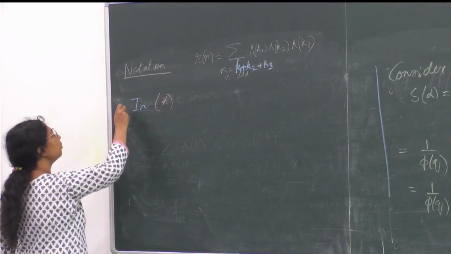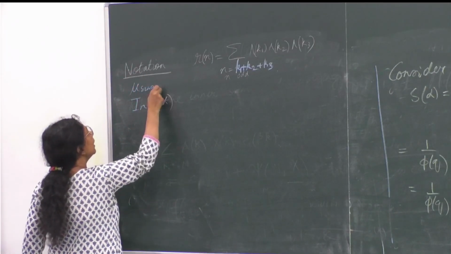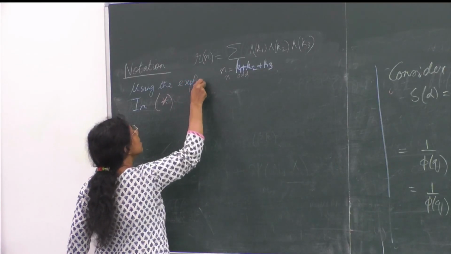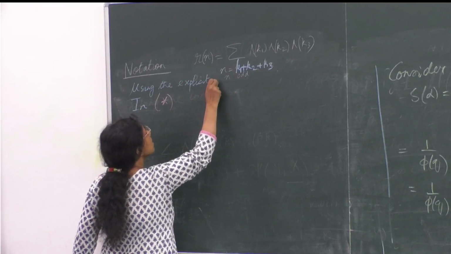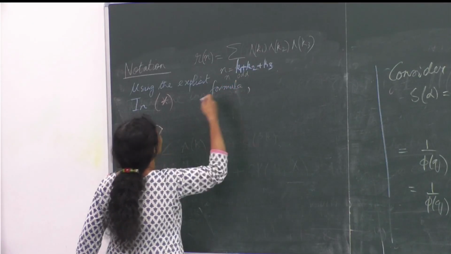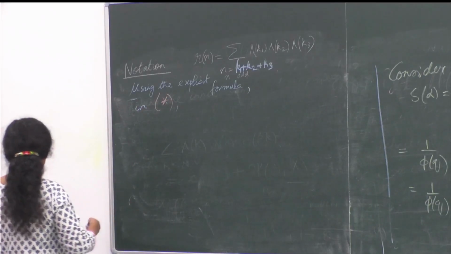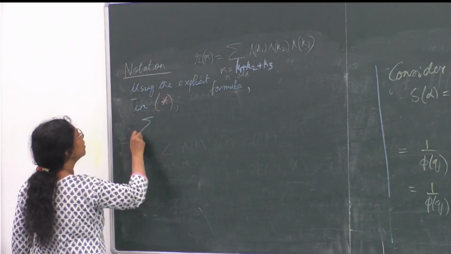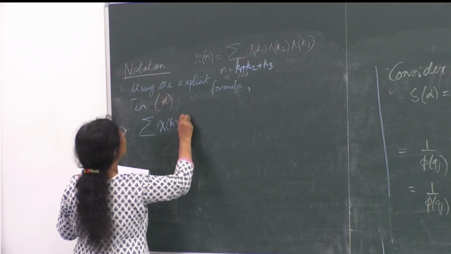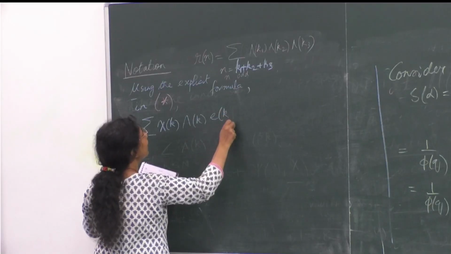Yeah, what does it mean? Using the explicit formula, which is there in chi, in star, we get then the sum of chi of k, lambda of k, exponential k beta.